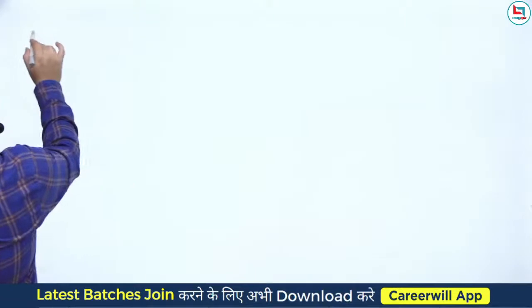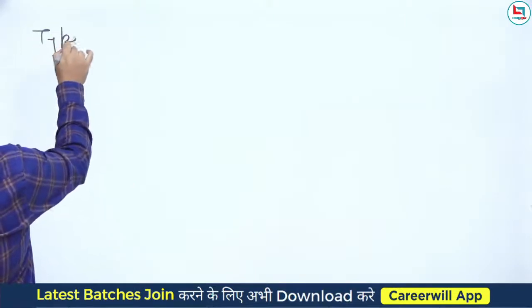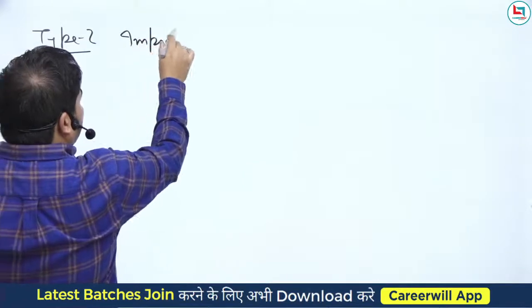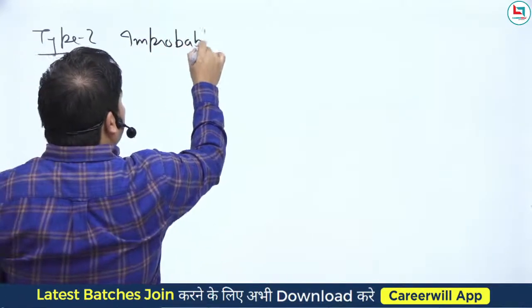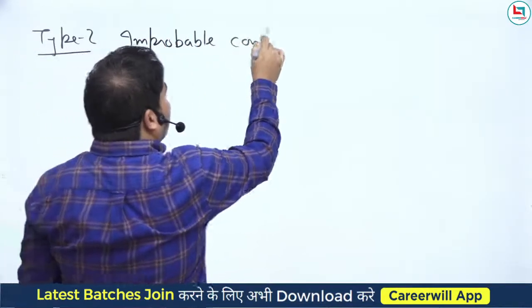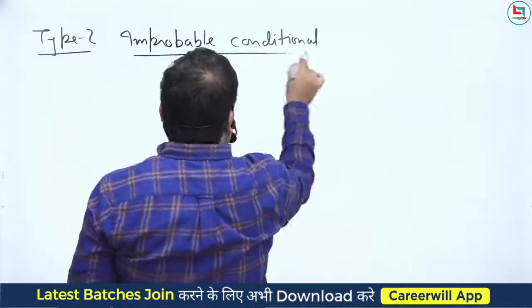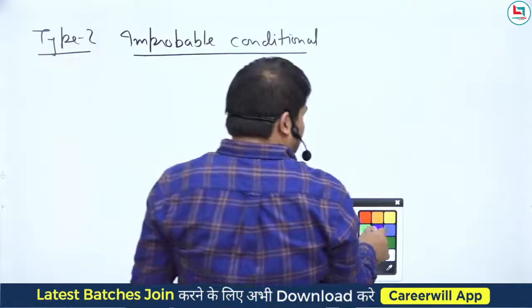Next one is type 2, and this is called improbable conditional. And what is the hallmark of this? Like this is unlikely to happen.